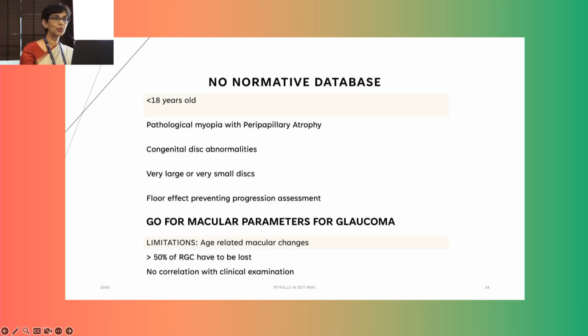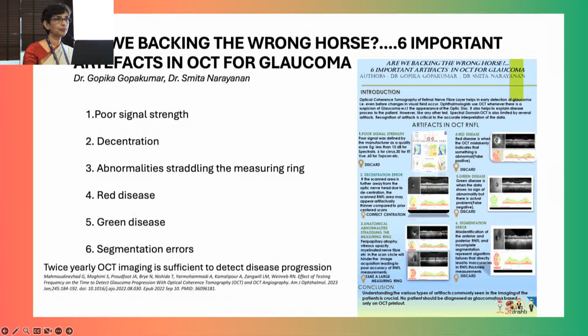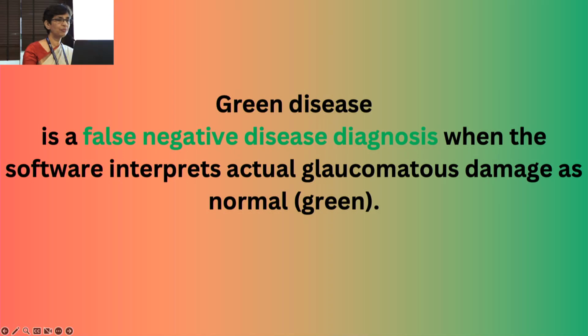You will have a patient who has motion artifact because he or she is uncomfortable looking into the machine, or there may be peripapillary atrophy or a floater straddling the measuring ring, or there may be a normative database absence because the patient has more than -12 diopters of myopia, or there can be a lateral displacement of the RNFL bundle or an anatomical split of the RNFL bundle. So there are so many things which make the diagnosis of glaucoma by the OCT machine very difficult. This was actually a poster by one of my PGs who again reiterated the same factors.